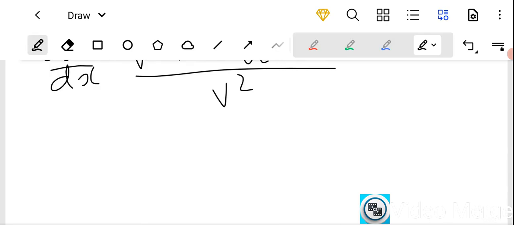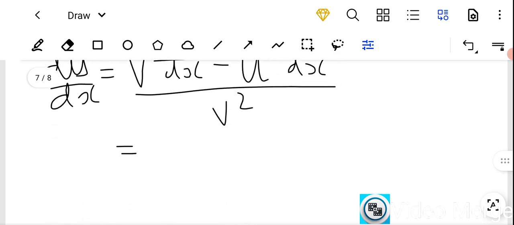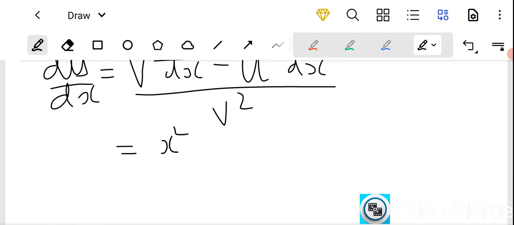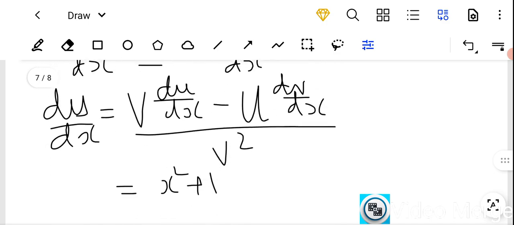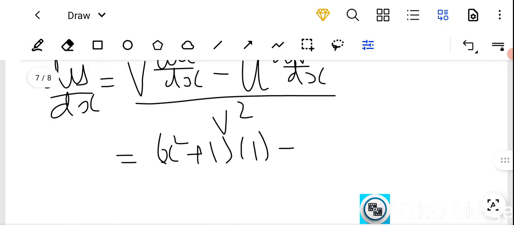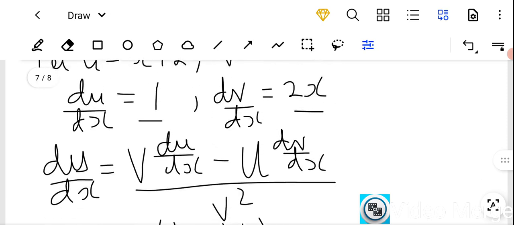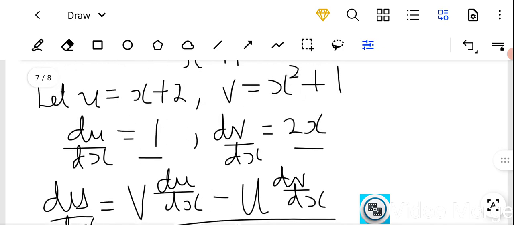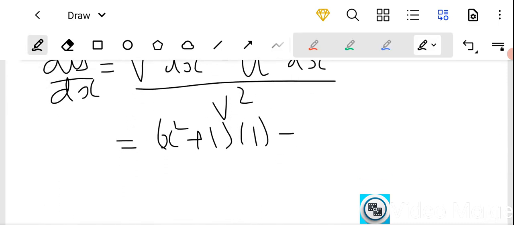Your v is x squared plus 1, so x squared plus 1 times your du dx, the positive 1, minus your u, which is x plus 2, multiplied by your dv dx, which is 2x.